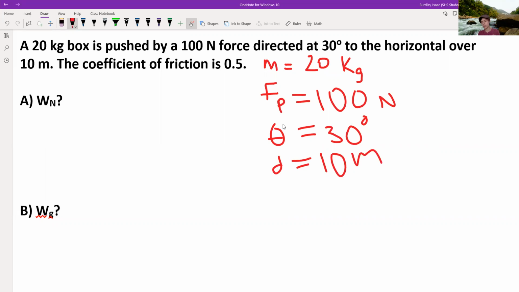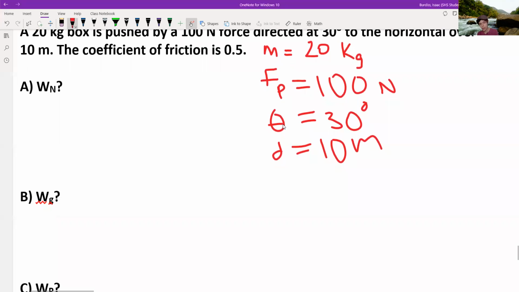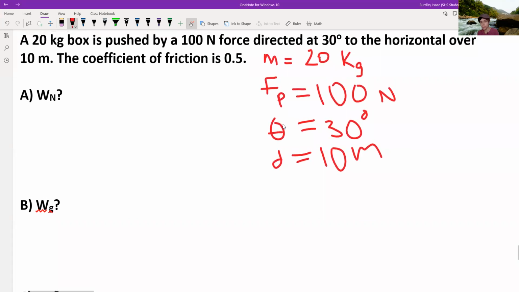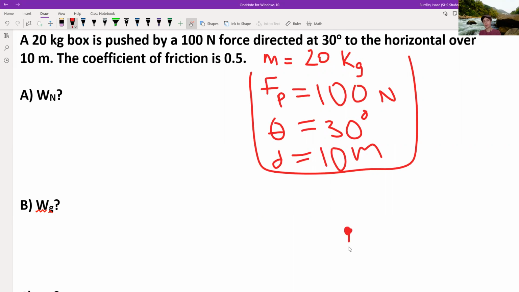Now let's draw a picture of what it's like. So it's not on a ramp, don't get confused. And really we'll just do a free body diagram. So the dot is the box. Always have a gravity force down. Always have normal force up with the surface, but surface is directly up because it's not on an incline.